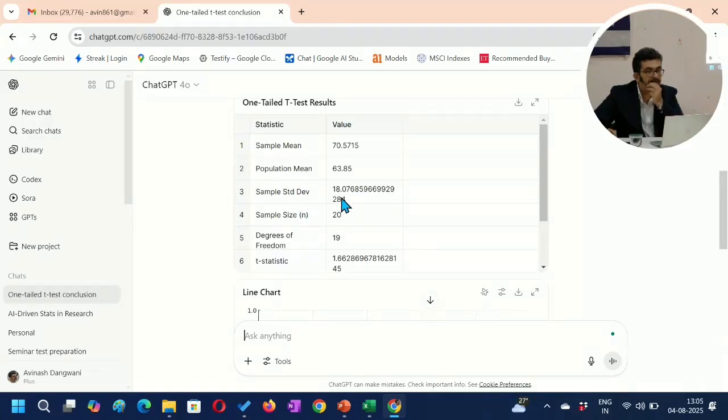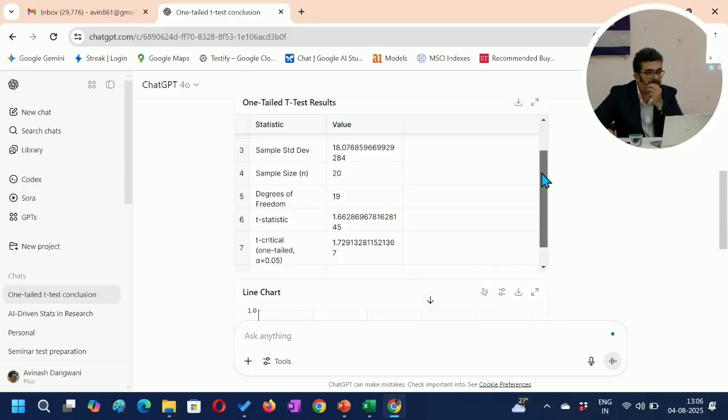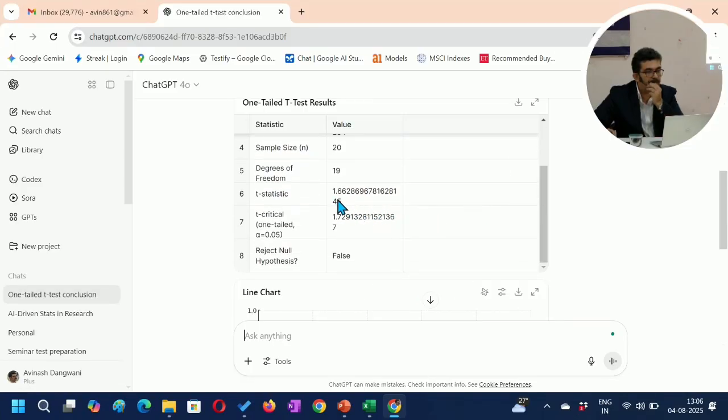Okay, sample mean 70.57, correct? Population mean 63.85, which is taken directly from our Excel sheet. Standard deviation is 18.07, same as our value. Sample size 20, degrees of freedom 19, and T statistic value is 1.662.